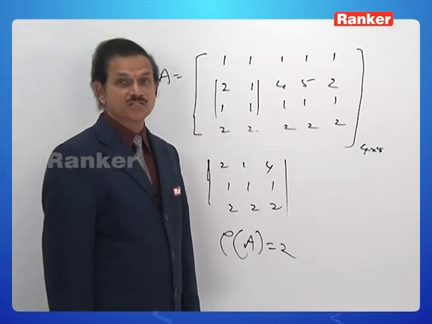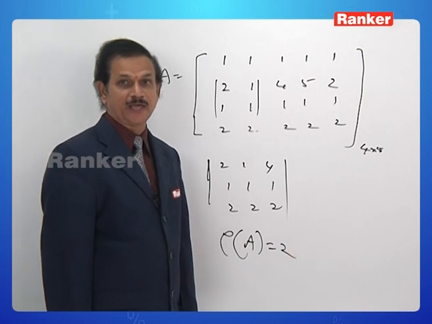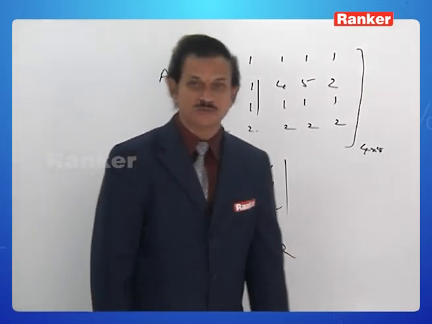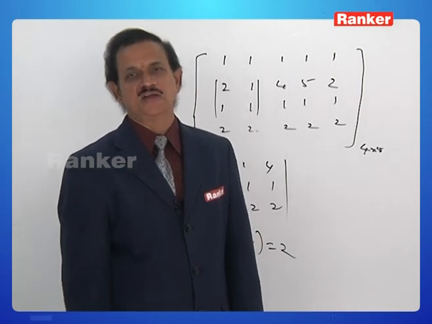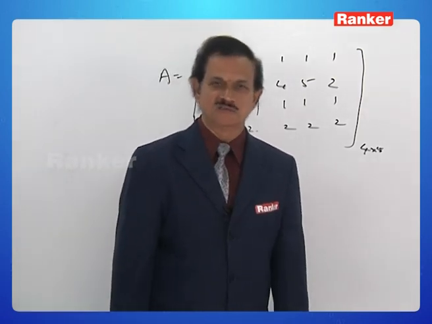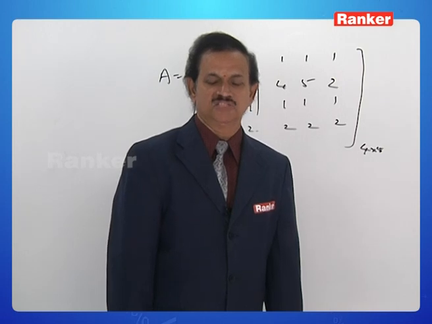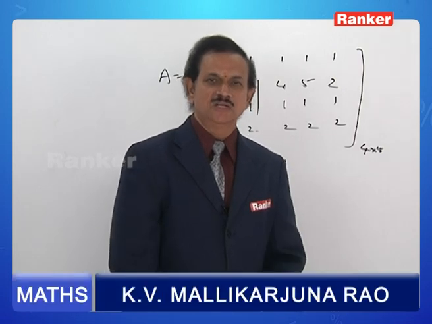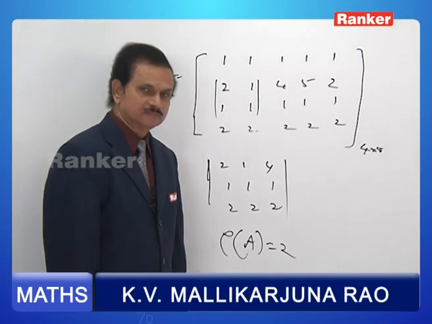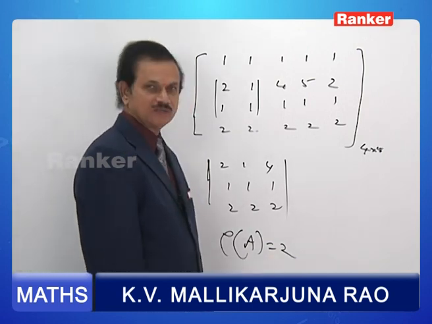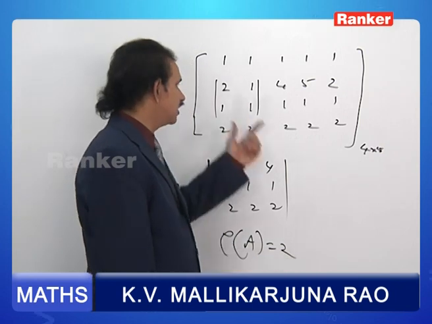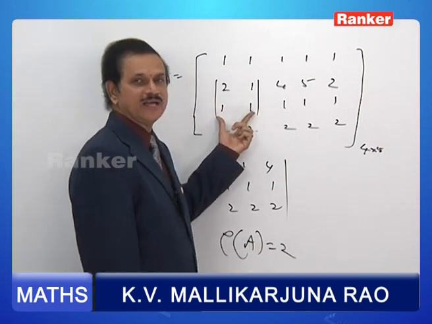Previously, we searched for a 3 by 3 minor which is non-zero. That also we have done. But we failed there to get a non-zero minor of order 3. That is why rank is not 3. Well, my dear, the two conditions which we have given in the definition are satisfied. Rank is 2 because there is a 2 by 2 non-zero minor.